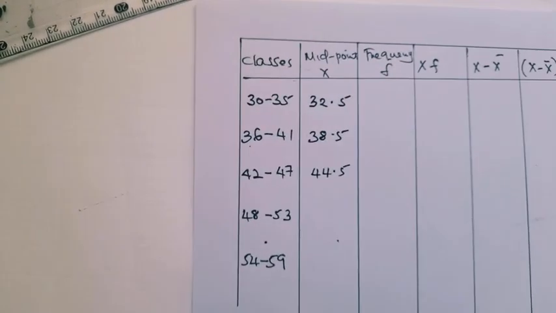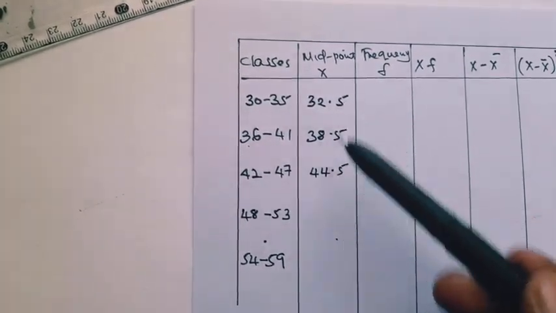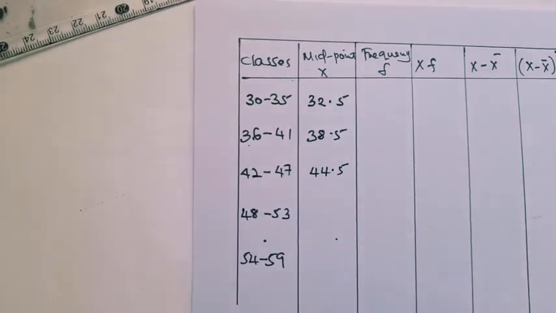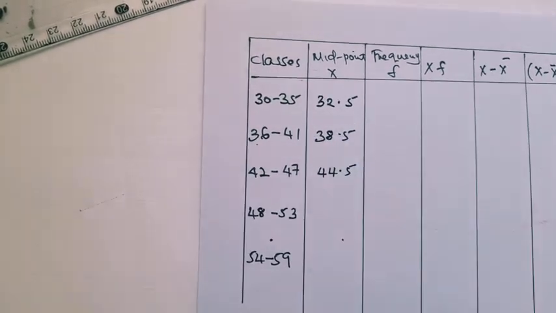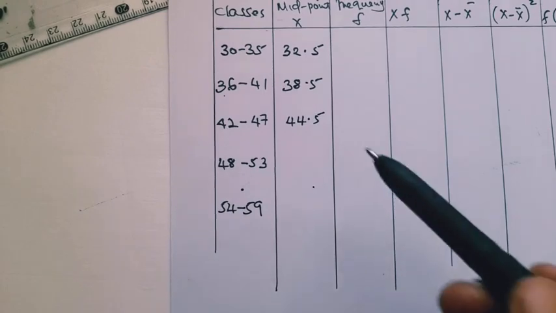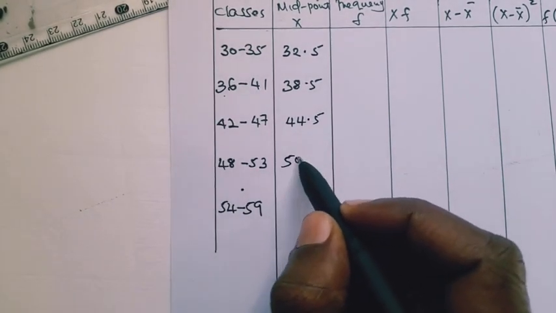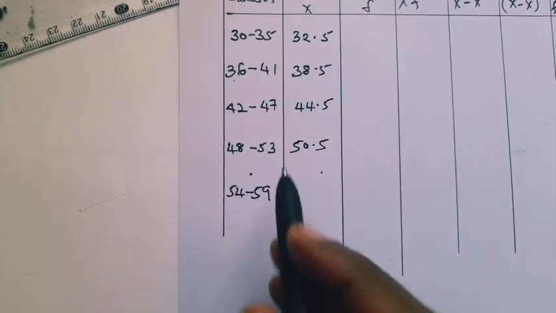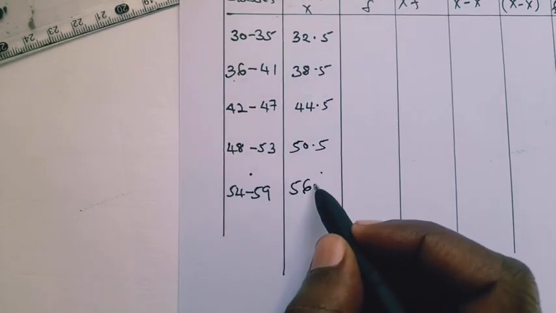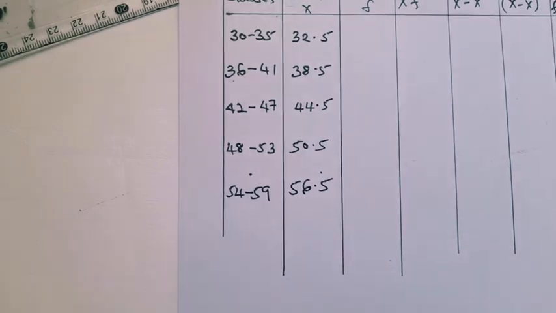The trend is this and this and this. How are they related? This minus this gives you 6. This minus this gives you 6. So for you to get the next, you add 6 here. And this one becomes 50.5. And plus 6, this one becomes 56.5. That is the trend.